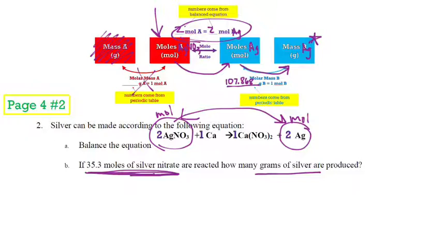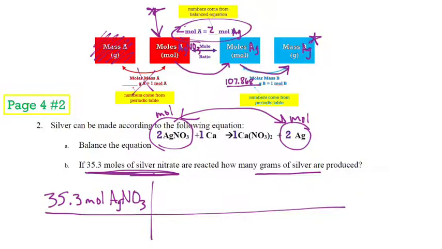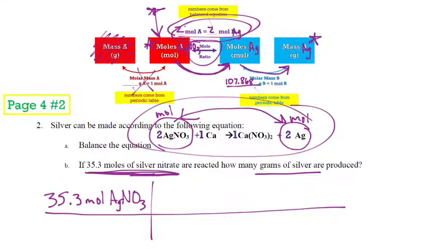So I'm starting here with my 35.3 moles of silver nitrate. And the first step for me to get out of what I've got and be moving forward is to use this 2-to-2 mole ratio that we already found here.